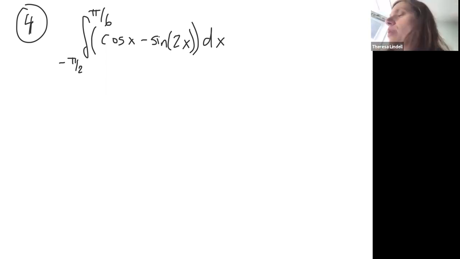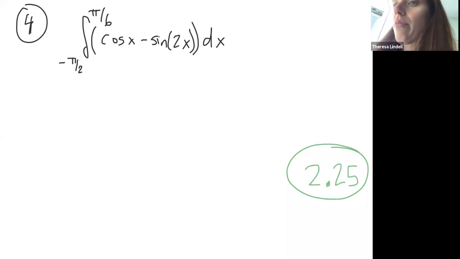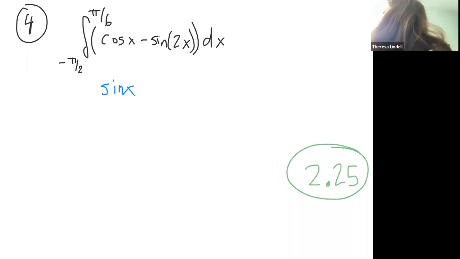So this is one of those where the calculator is really nice because your final answer is 2.25, and if you use it, you find that out. But we're double checking it by hand. So backwards from cosine is just regular sine, right? And then what's backwards from negative sine 2x?